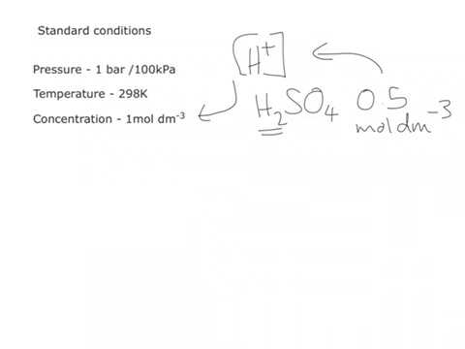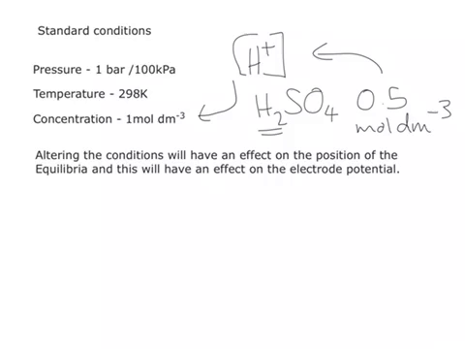It's important to keep these standard conditions, because by altering the standard conditions you can alter the position of the equilibria, and this will have an effect on the electrode potential. This would in turn mean that you can't compare the electrode potentials, which we'll have a look at in another couple of videos' time, and we wouldn't be able to put the standard hydrogen electrode as having the electrode potential of 0.00 volts.